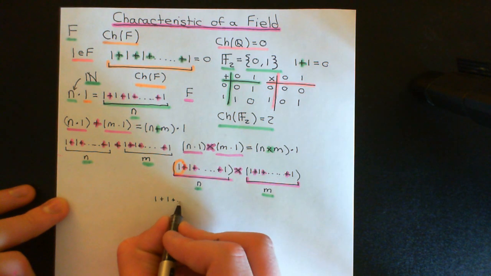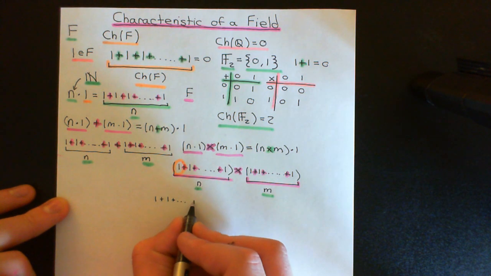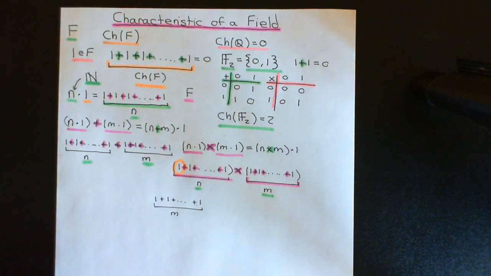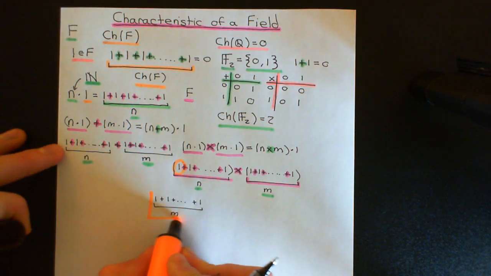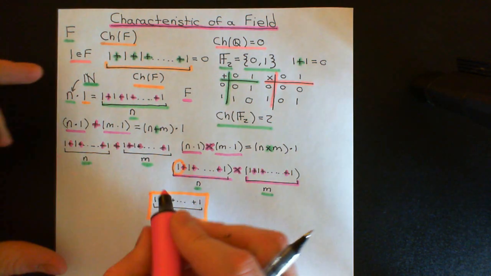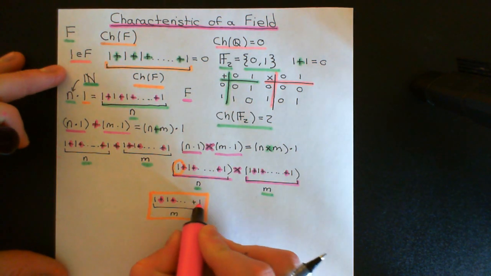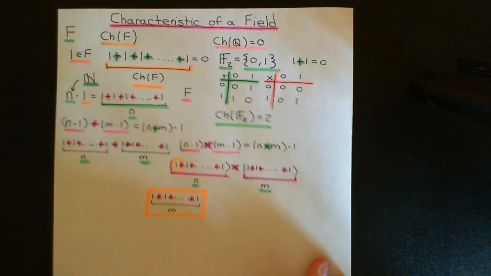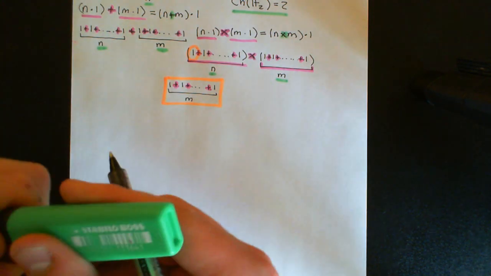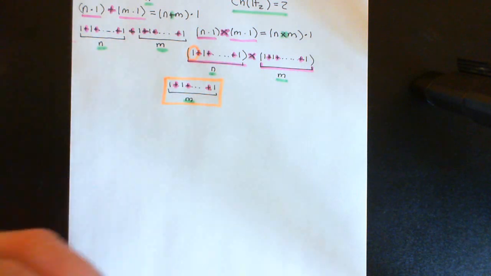So we'll get 1 plus 1 plus all the way up to another 1, and we'll have m lots of those just for this one. I'll box it here in orange. Of course this is still addition in the field, so I'll colour it in purple there, and I'll just move this up a little bit. Right, like so. That I will also just underline in green there.